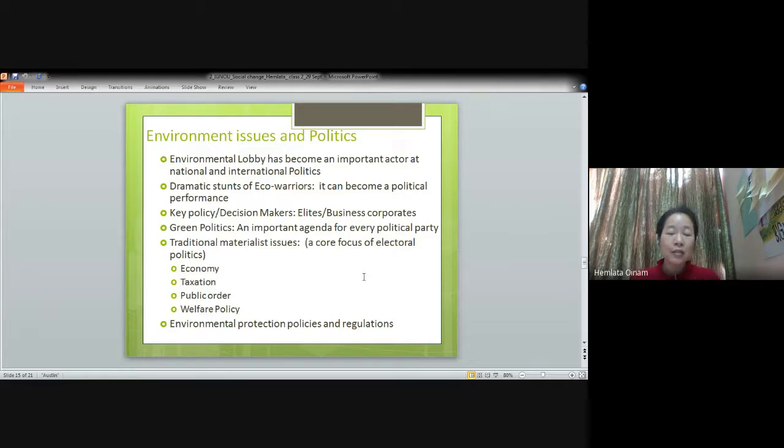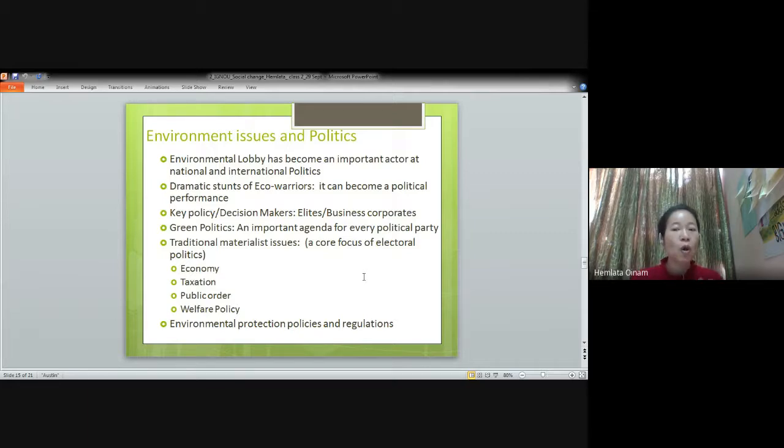What I'm trying to bring out on the traditional materialist issue is that the whole idea of environmental issues and politics, at the traditional level, is controlled and managed by the phenomenon we call electoral politics.